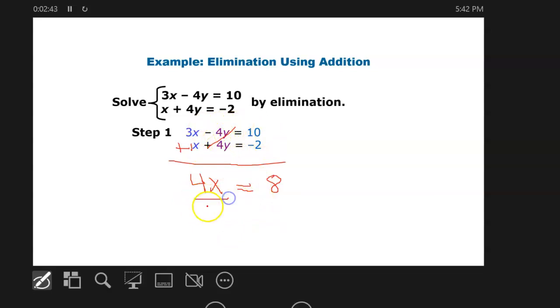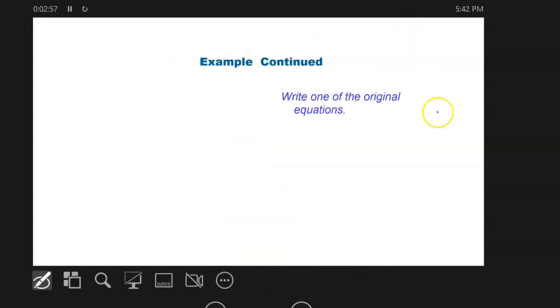Therefore, I'm going to divide by 4, and I'm going to get x is equal to 2. So, just like in substitution, once we know that x is equal to 2, we're going to substitute in 2 for x, and we can do that into either one of the original equations.